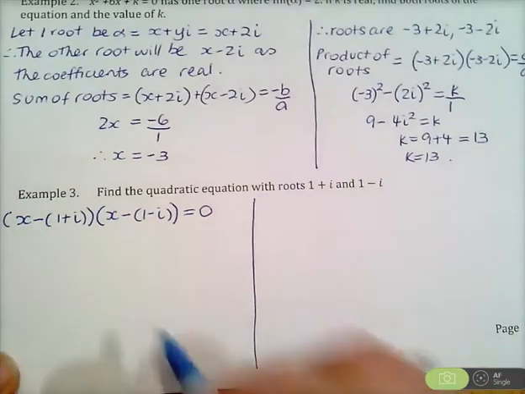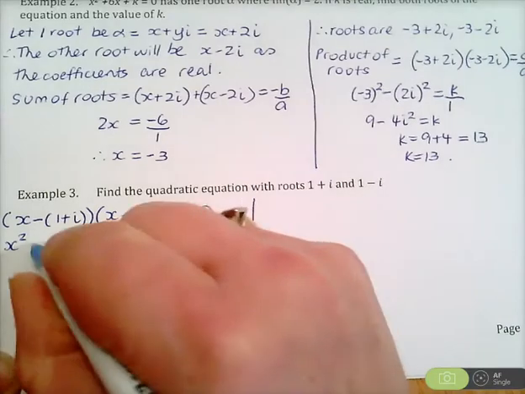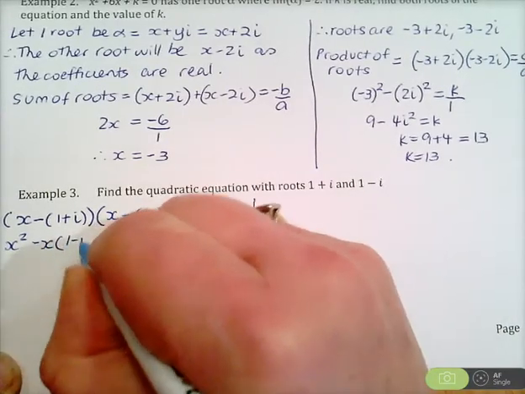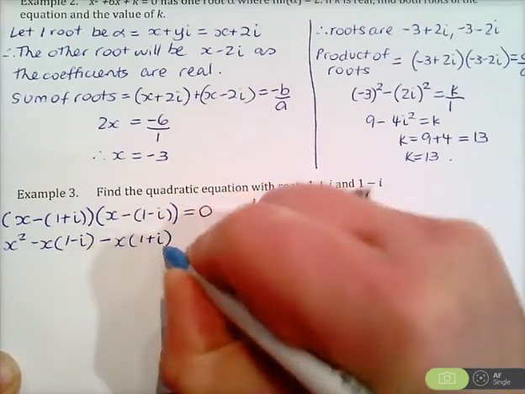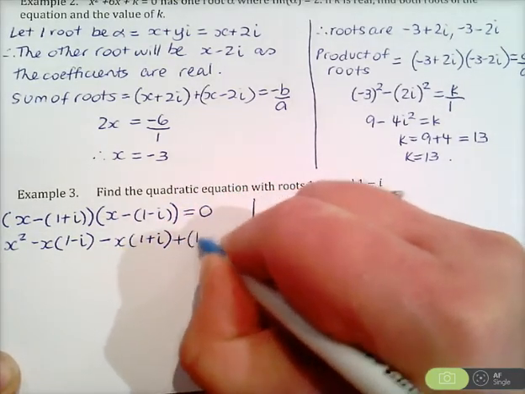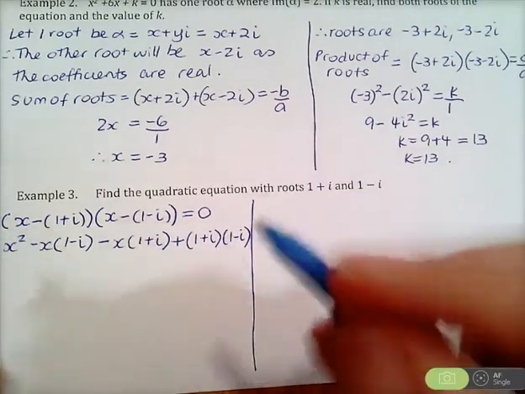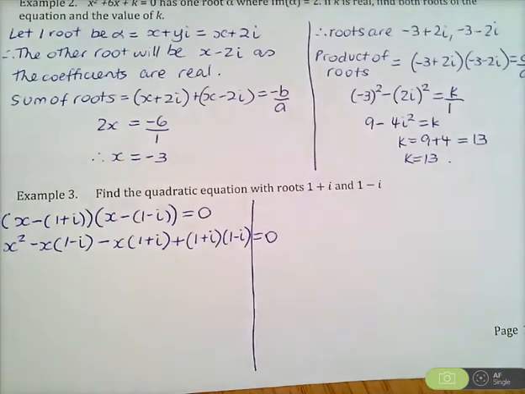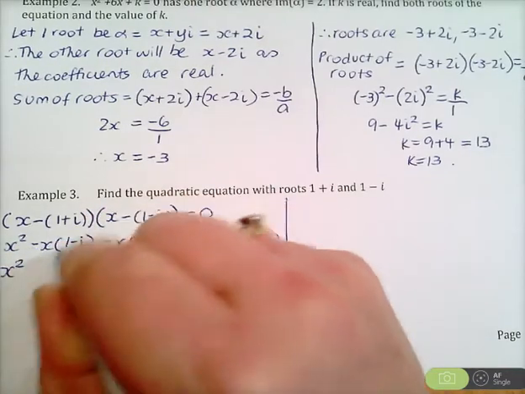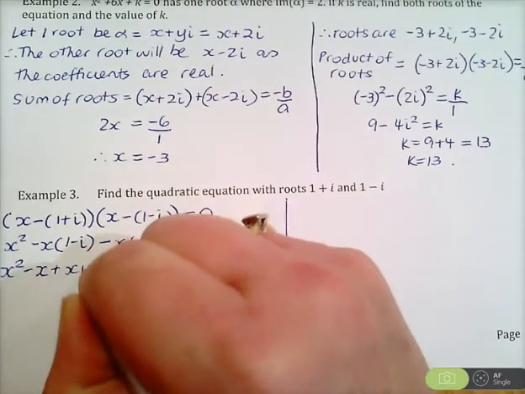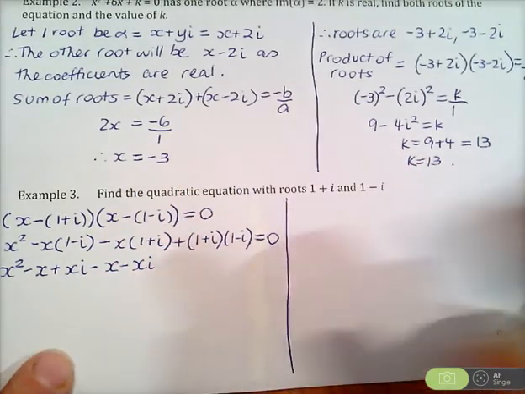equals 0. So now I need to expand that. I get x squared minus x bracket 1 minus i, minus x bracket 1 plus i, and then plus 1 plus i times 1 minus i. So we're multiplying the last two there. Expanding, I get x squared minus x plus xi minus x minus xi.